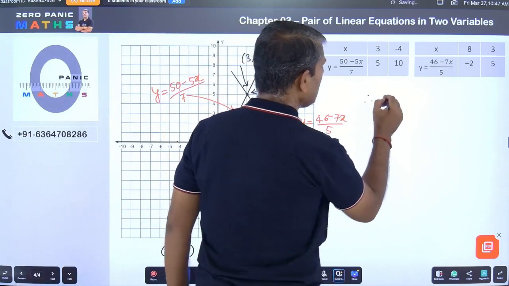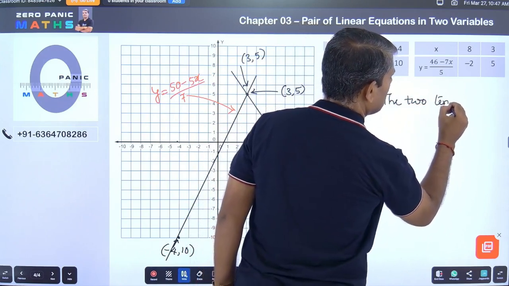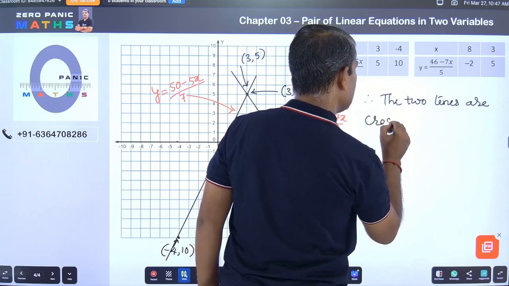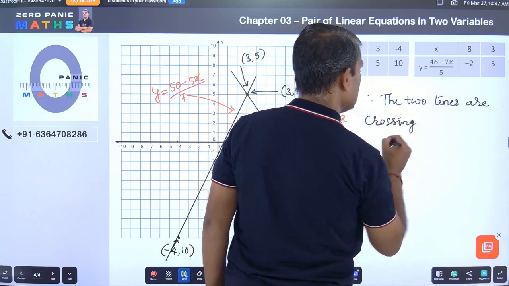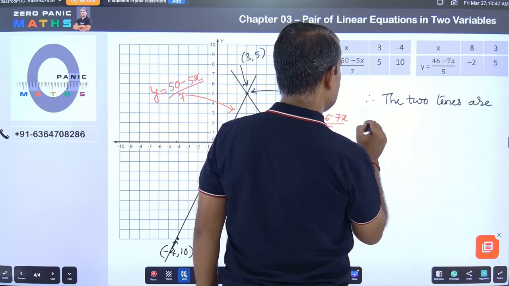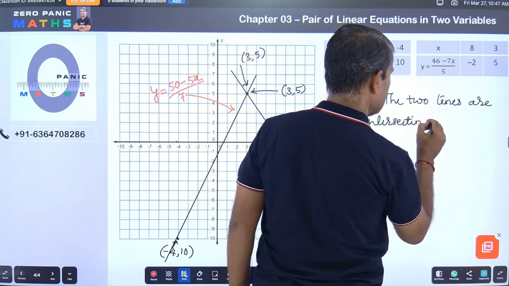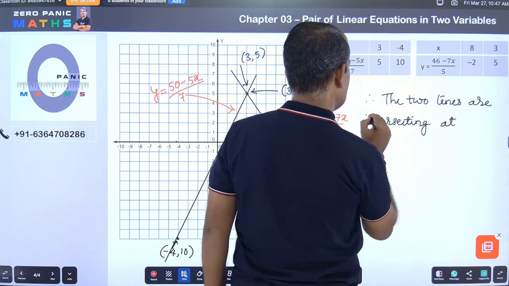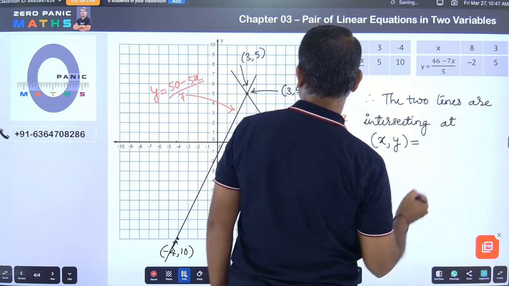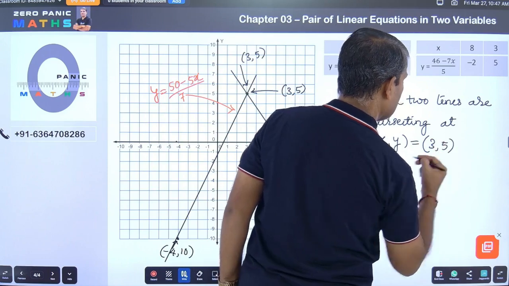Therefore, the two lines are crossing each other, or we can say intersecting each other, at (x, y) is equal to (3, 5).